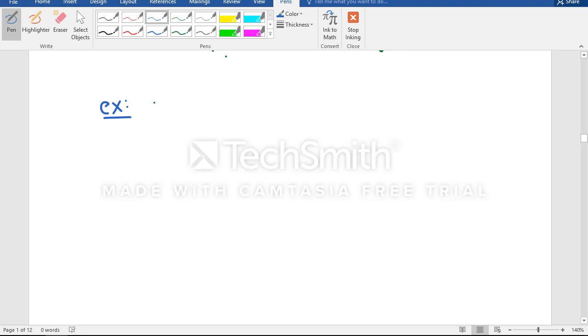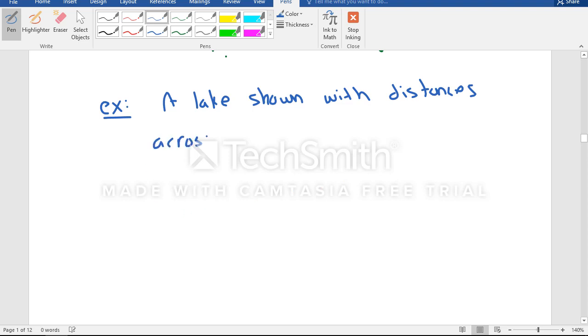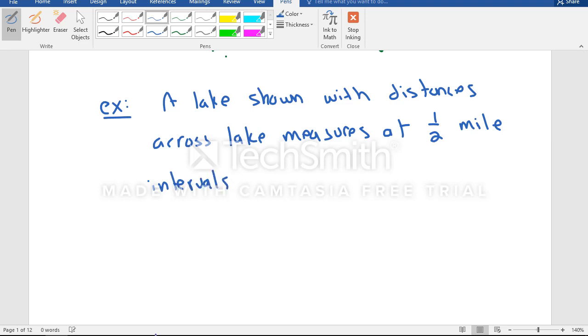So let's suppose we have a lake shown with distances across the lake measured at, let's say, half mile intervals. So I'm going to sketch a lake. Let's say my lake looks something like this.